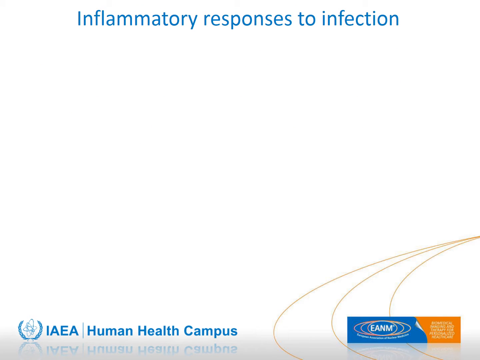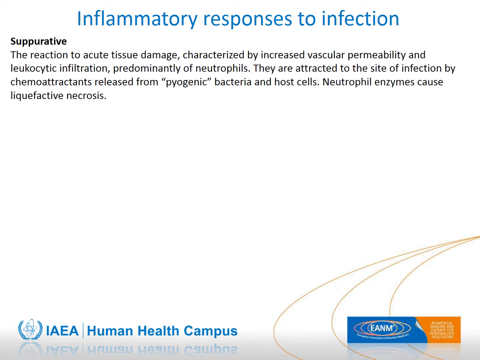As we mentioned before, infective agents elicit an inflammatory response, and the body responds to infection in various ways. This could be suppurative, where there is acute tissue damage, increased vascular permeability, and leukocyte infiltration.